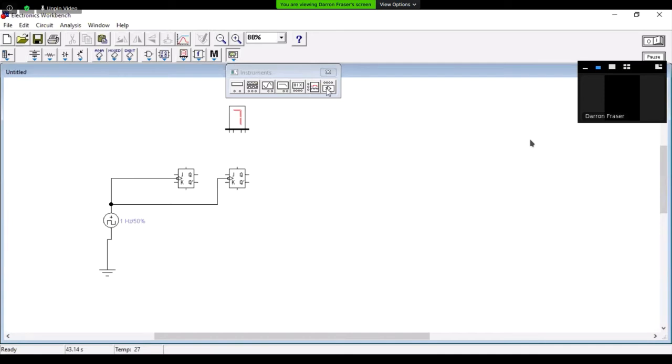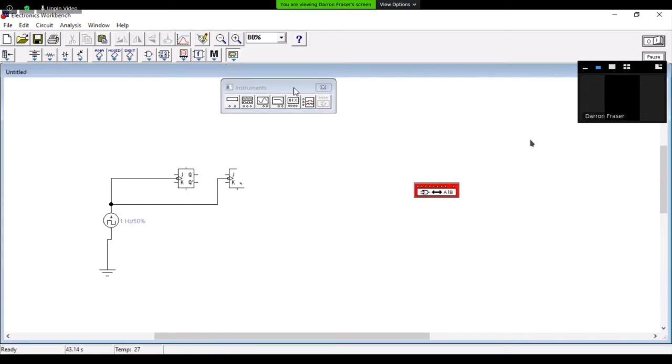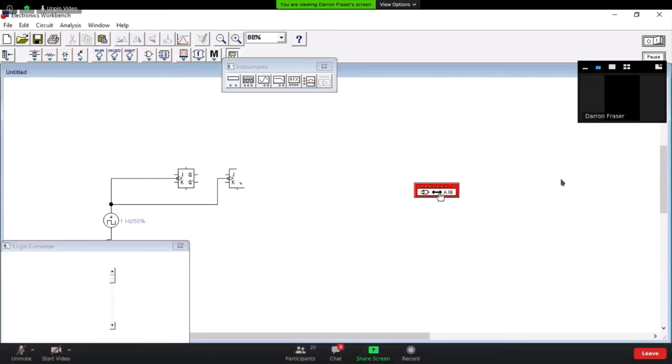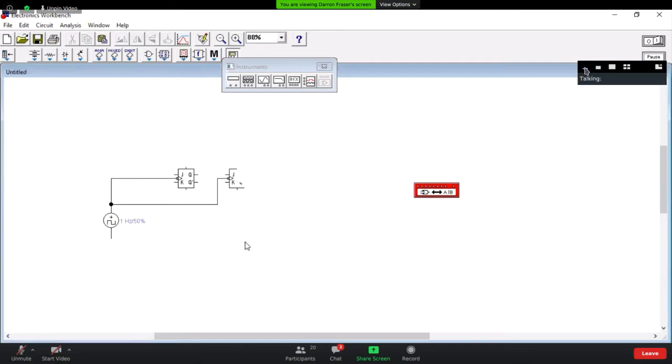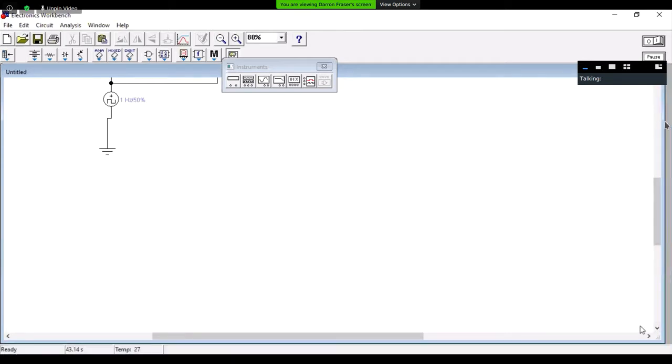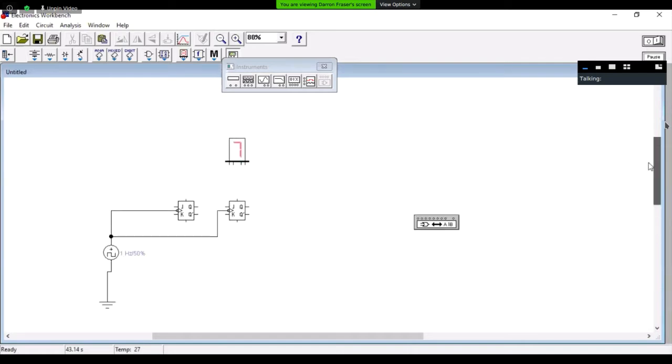Now, in Multisim and in Electronic Workbench and those things, we have a logic analyzer. So if we open it, this is what I want to get at. So I'm not seeing it.